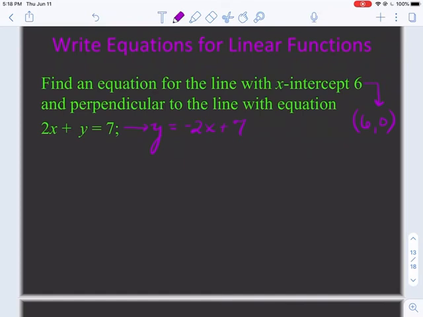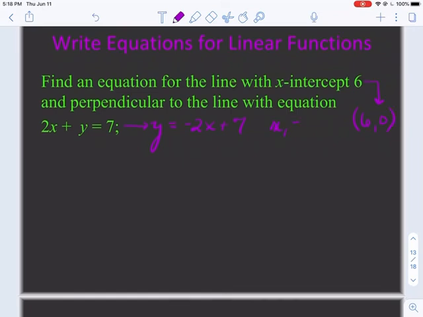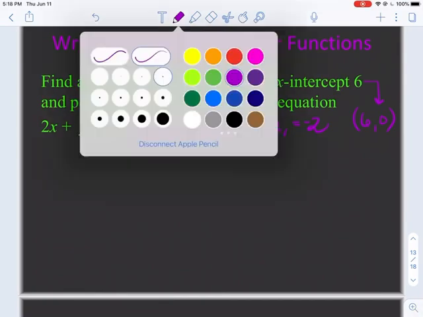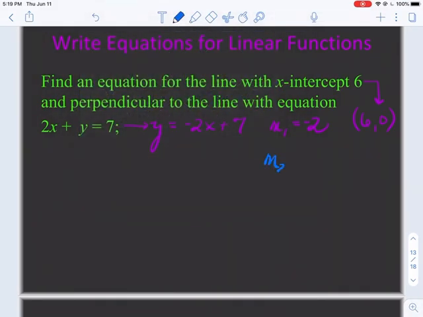Since it's solved for y, I can see that slope 1 is equal to negative 2. We want slope 2 to be the opposite reciprocal, so it has to be 1/2.